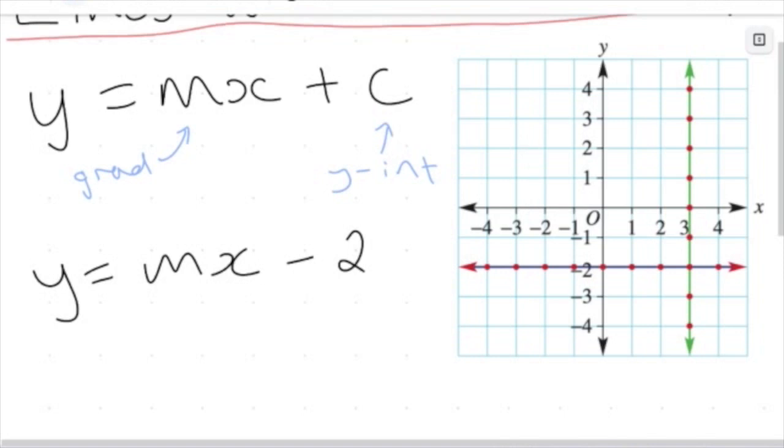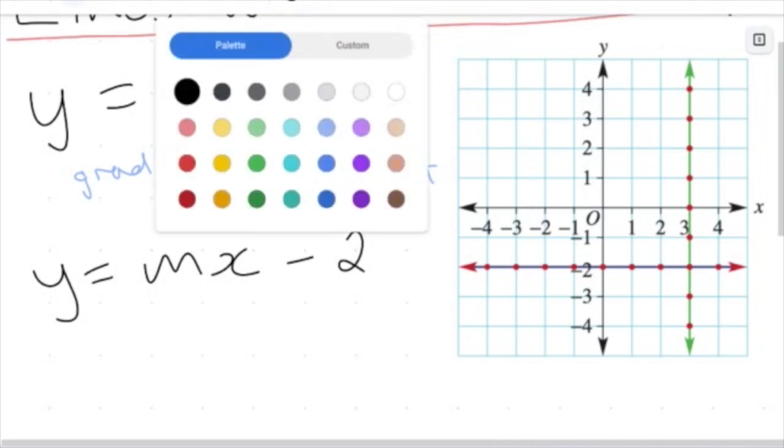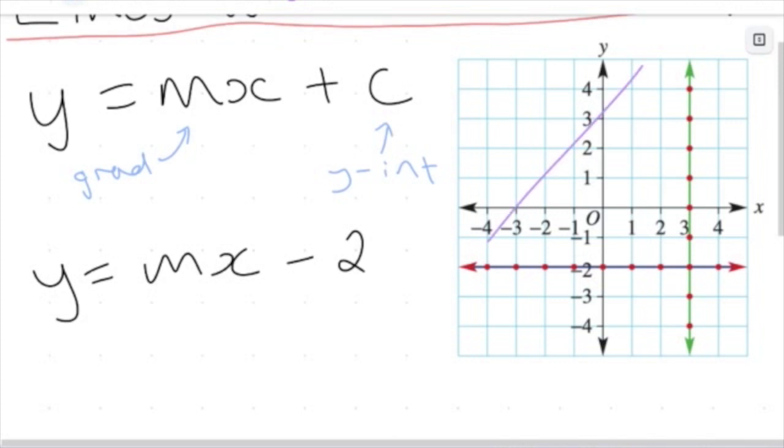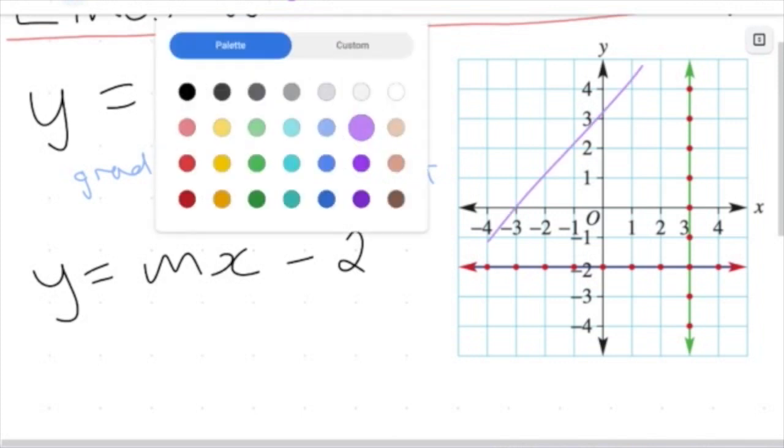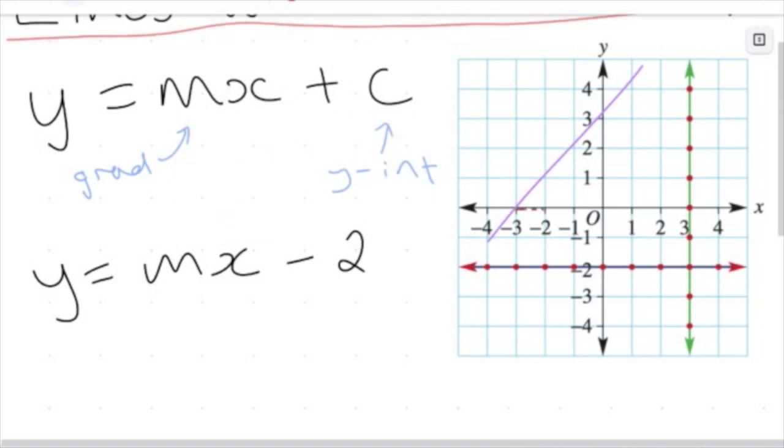Now, if we compare this particular graph to a graph like this, for example, I have some kind of gradient. As I go up by 1 in the x, I go up by 1 in the y. I have this kind of constant gradient going all the way through my graph, right?